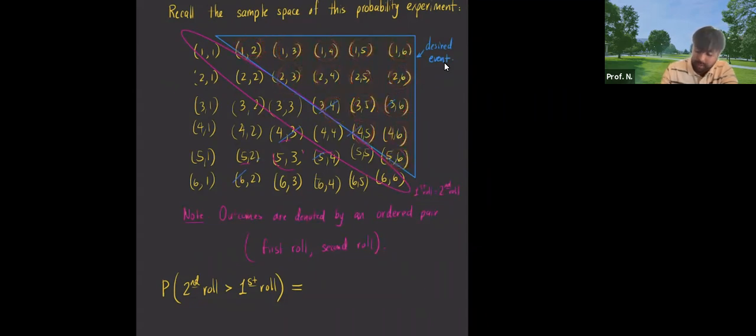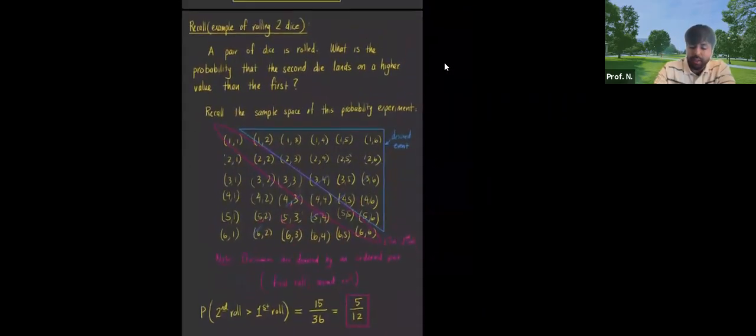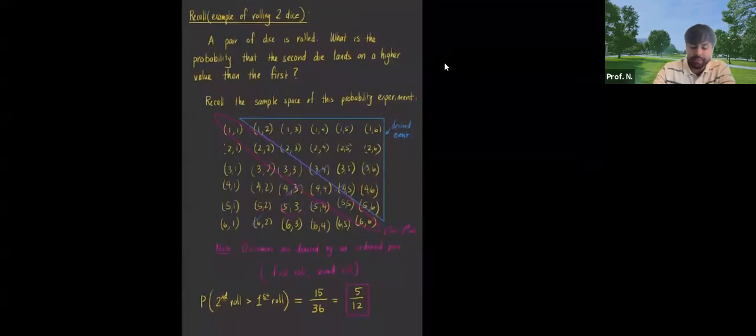I got 15 possibilities out of a total of 36. If I reduce this, divide by 3, and I get 5 over 12. This is my probability. Boom. So the probability of this happening when you roll a die is 5 out of 12.